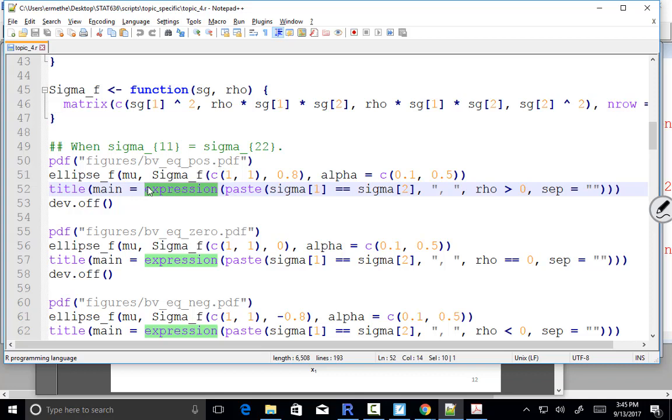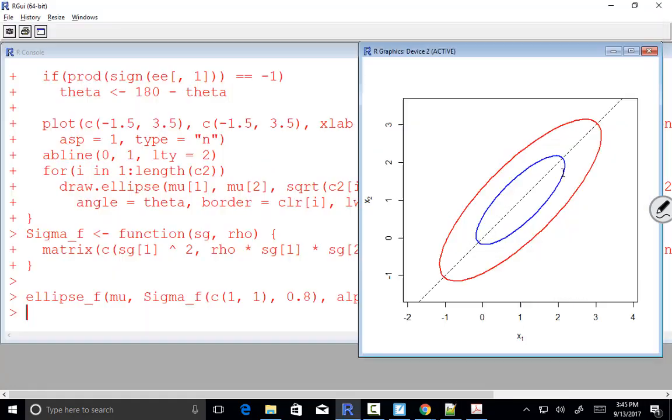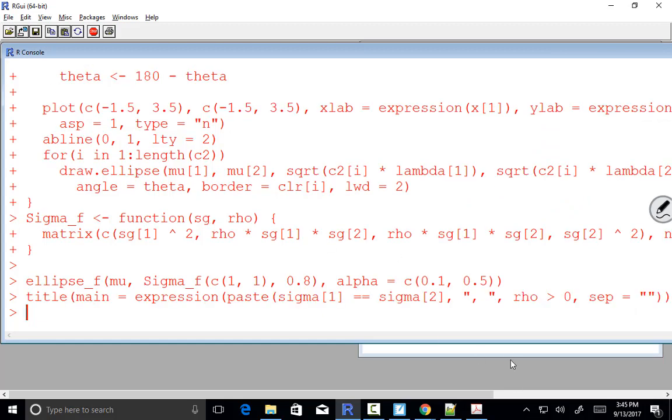Expression allows you to, for example, spell out Greek letters, and it will translate them to the actual Greek letters. You can also do some mathematical operation symbols. So when I call this, we're going to get a title. Currently, there's no title. So now there's a title.